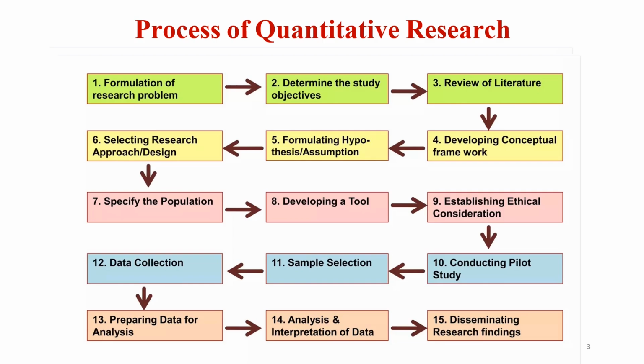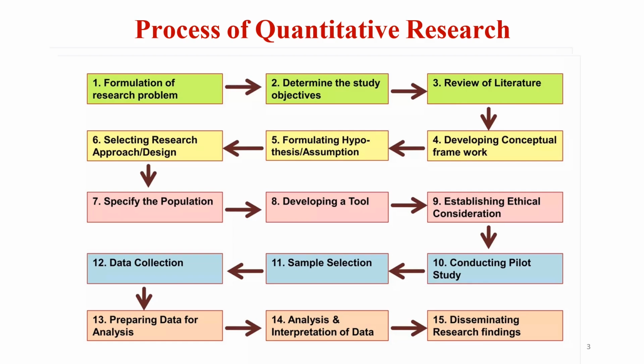Now, once the hypotheses are formulated, we need to go for research design. Which type of research design should we use? Whether it needs to be descriptive, exploratory, or causal research. All these things we should ensure.